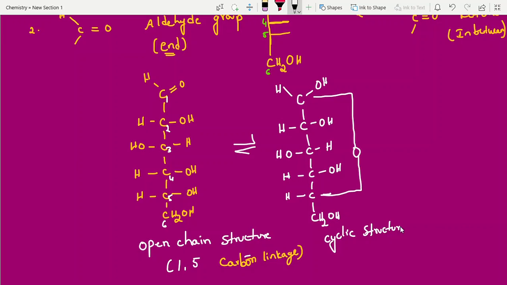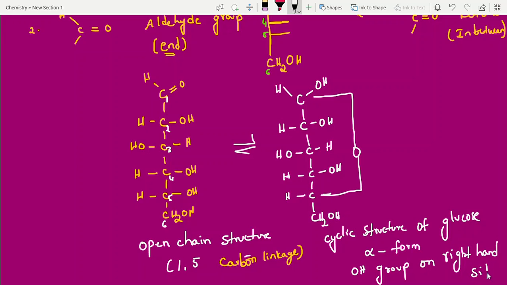And what form is this? Alpha form. Why? Because the OH group is on the right-hand side.